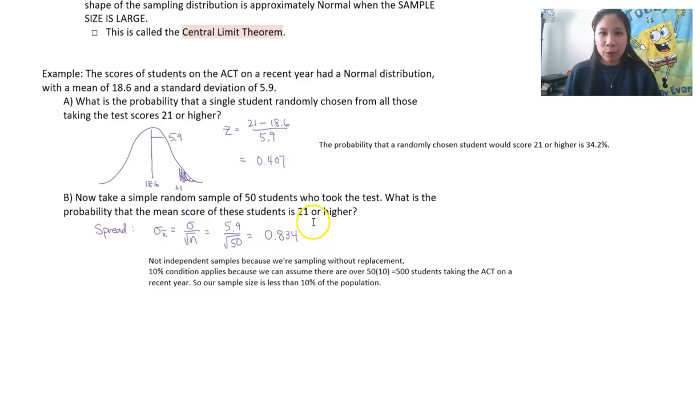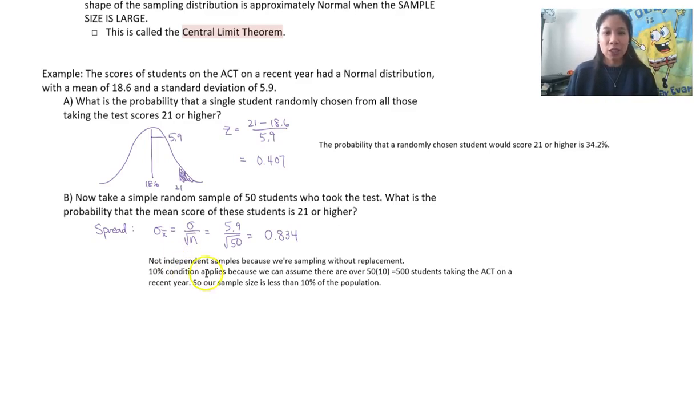But of course, before we can actually use that, we have to check, does this even work? So we need to check that we either have independent samples or the 10% condition applies. Here, because we're sampling people, it's not like you can put them back in, so we're not replacing them. That means we don't have independent samples. So we move on to our 10% condition.